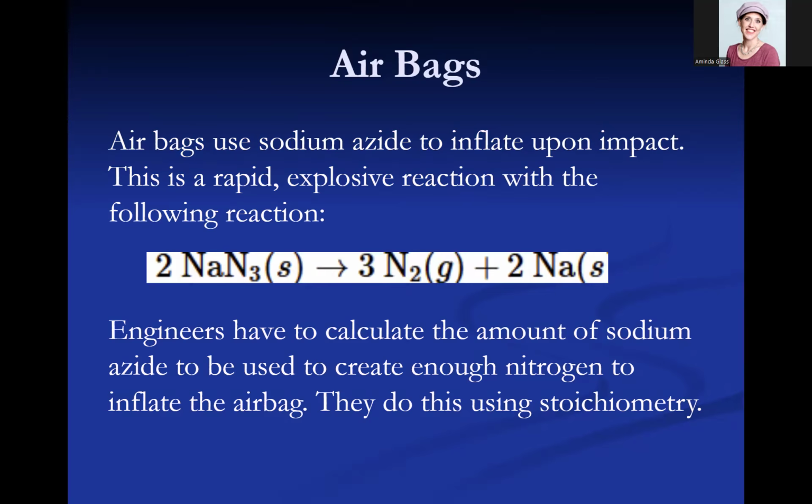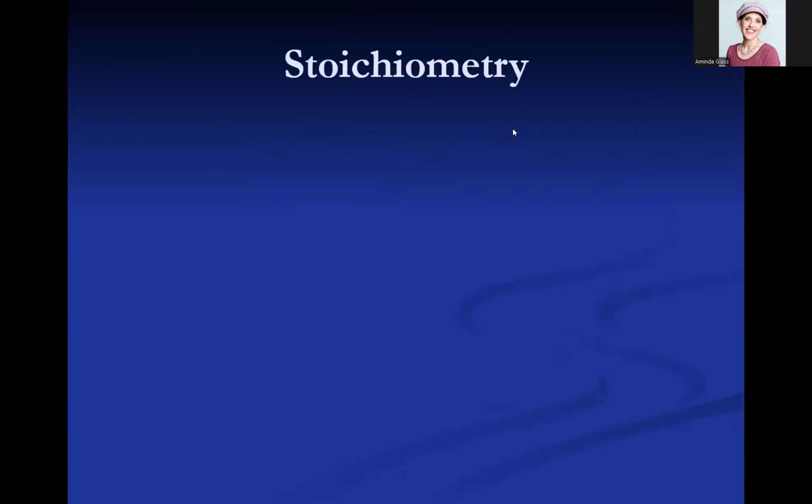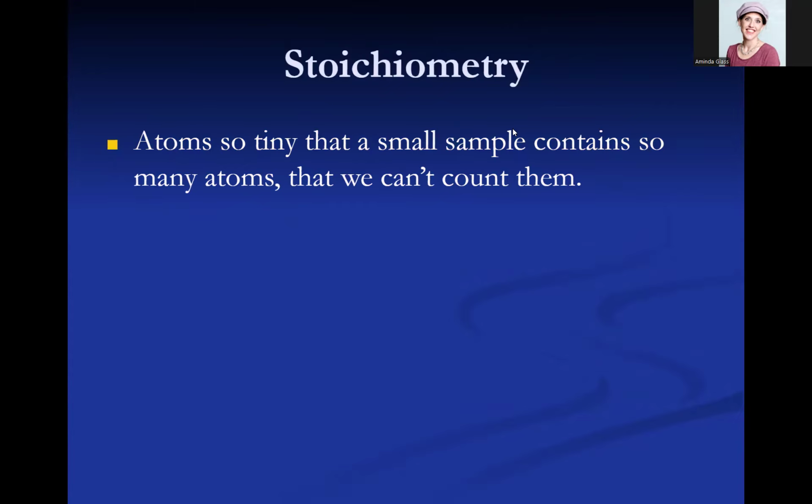So we're combining what we've learned from last week and the information we learned this week. Engineers combine that in order to calculate how much sodium azide has to be in your car steering wheel in order to ignite and create that nitrogen that you need in order to inflate your airbag. So stoichiometry, very useful.